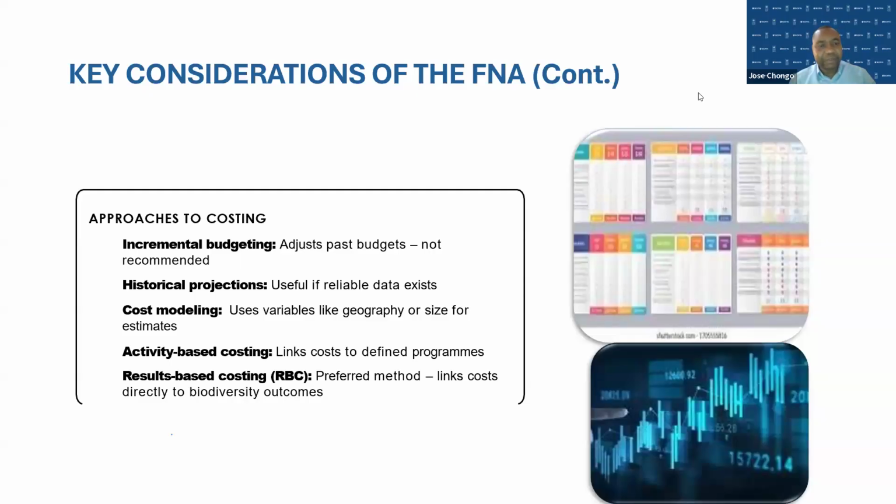Also, historical projections are useful in some situations if reliable data exists. It projects current and future budget based on what has been used, but based on very accurate data.